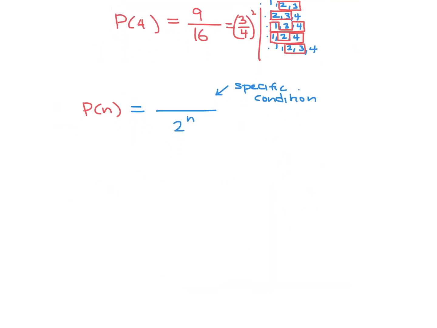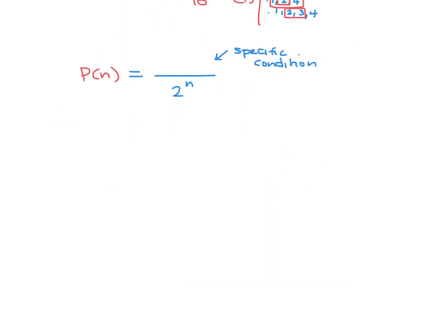If n is even, then we can let it be equal to 2k, because any number of the form 2k is even. So this really just becomes P2k equals something over 2 to the power of 2k.